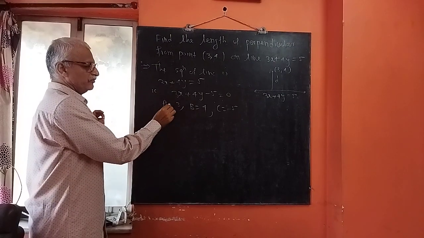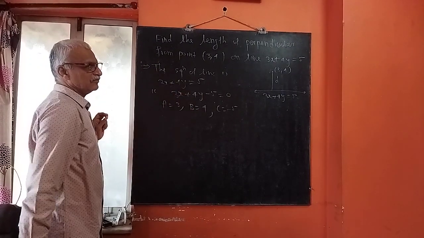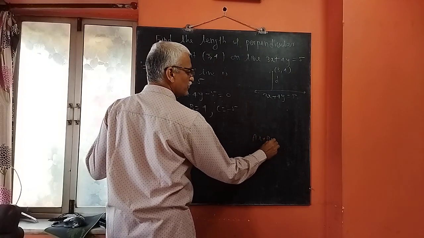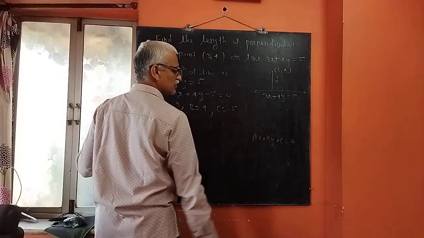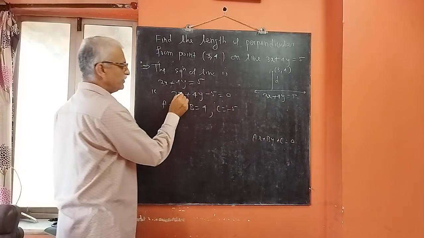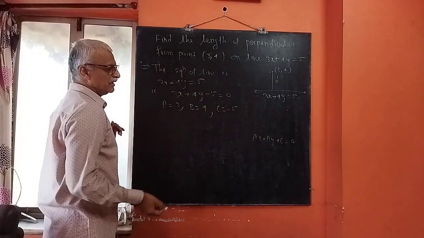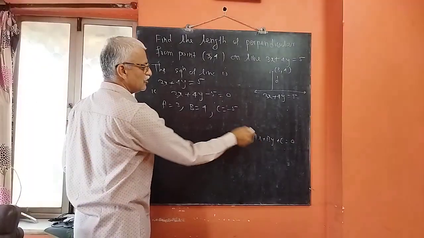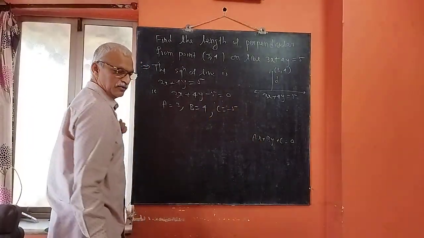I repeat again. We have compared this equation with the general form. What is the general form? Our general form is ax plus by plus c equals 0. a means coefficient of x, so here it will be 3. b means coefficient of y, so in this case it is 4. And c is the constant, that is equal to minus 5.